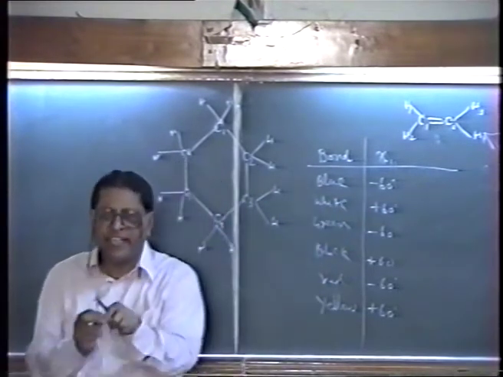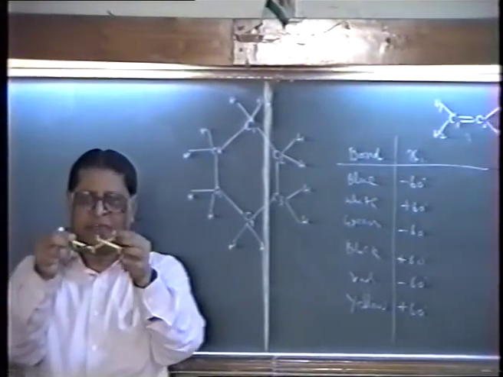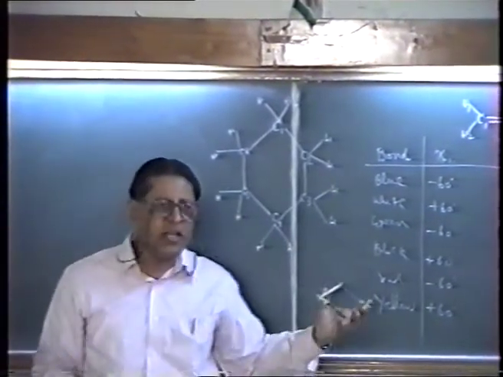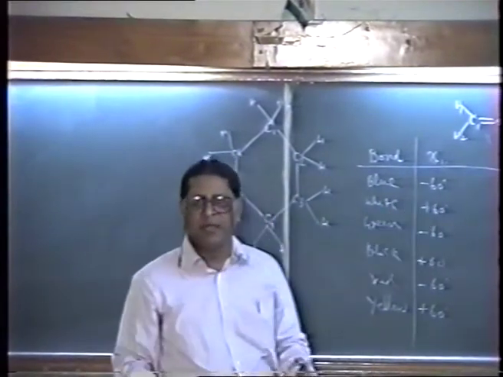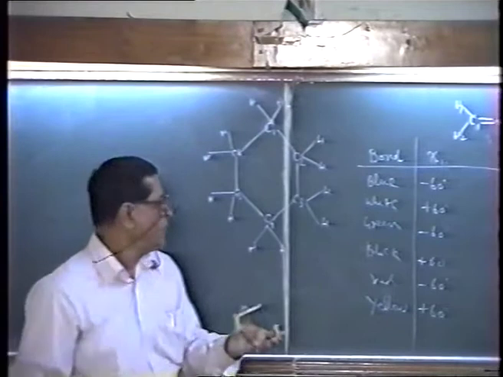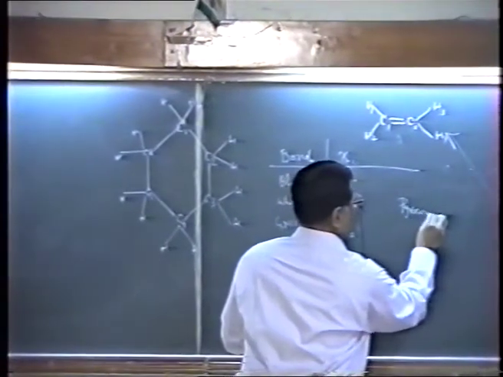So you have a set of torsion angles which, in an ideal structure like this, are alternatingly plus and minus about 60 degrees. That is what is well known as the pyranose system.